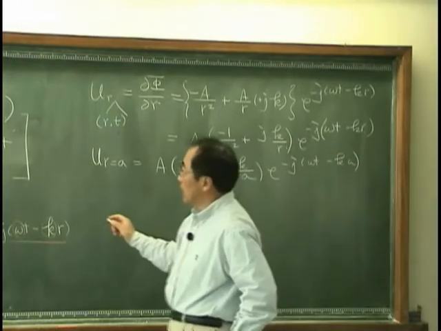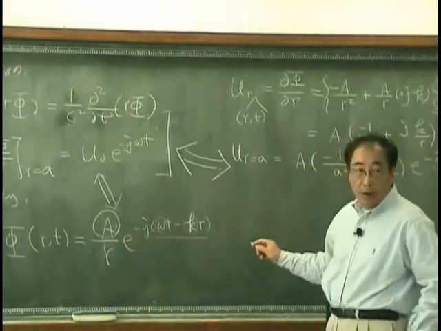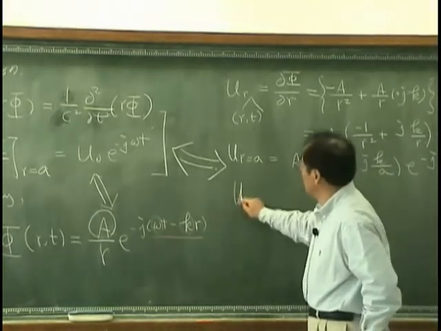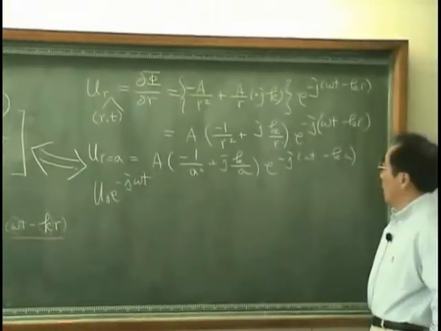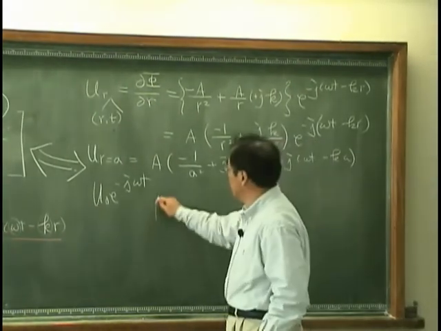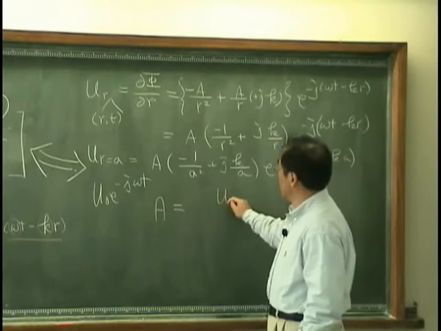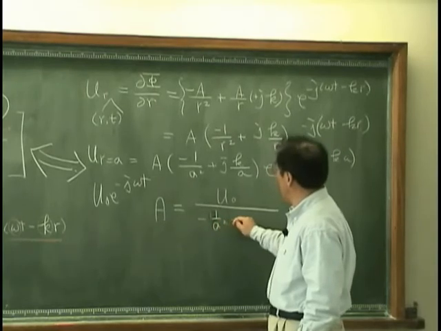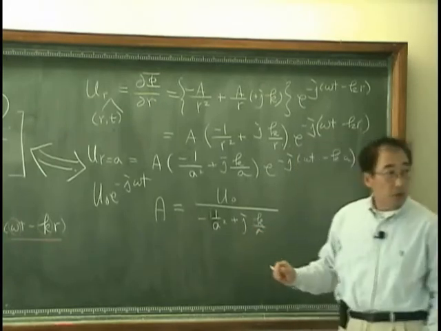That has to be the same as this. Therefore, this is u0 exponential minus j omega t. Therefore, I can argue that A should be, A is what? U0 divided by minus 1 over A squared plus j k over A. Is it right? My monitor, is it right?